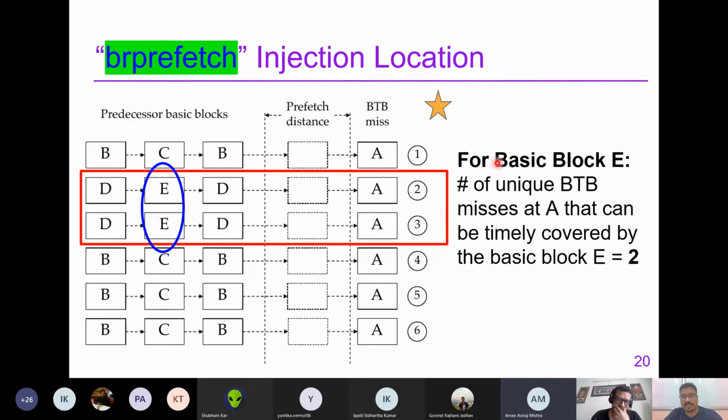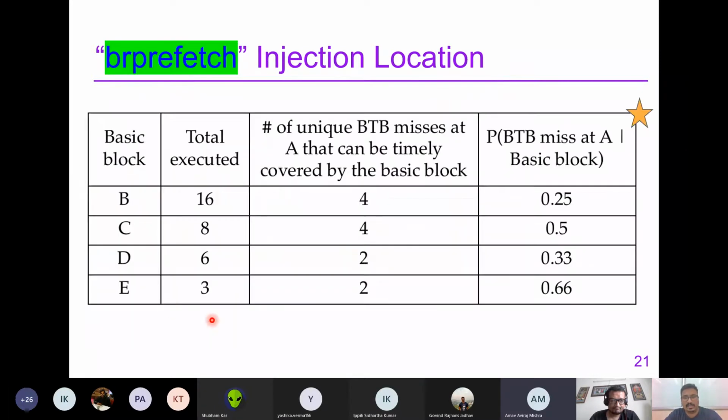So that's how we can calculate that for basic block E, it can cover two unique misses at basic block A. Similarly, we can do these calculations for other blocks also, C, B, and D, and we can fill this table. For B we get 4, for C also it is covering 4, and D and E are covering only 2 unique misses.